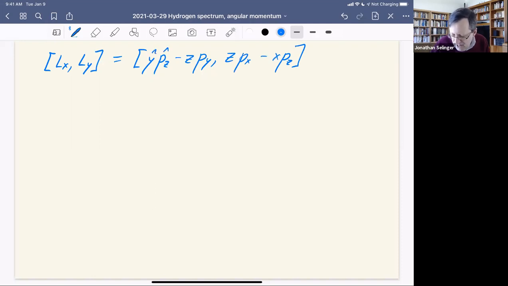And all these things are operators. I may sometimes forget to put the little hats over them, but they are all operators. Okay, so now let's expand all of this.